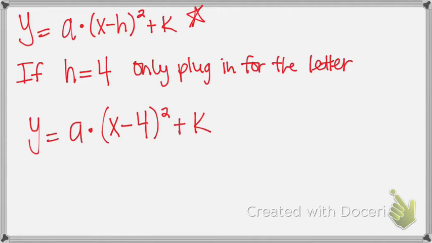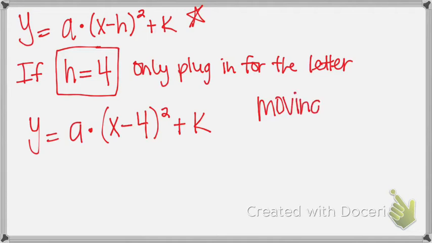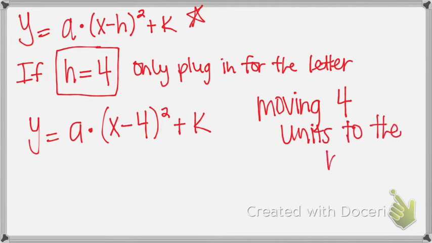So, since H is positive, we are moving 4 units to the right. So the H is positive. However, when you put that in the equation, your brain might think, oh, x minus 4, that means I go to the left. But it's not. You're still going to the right. Okay?